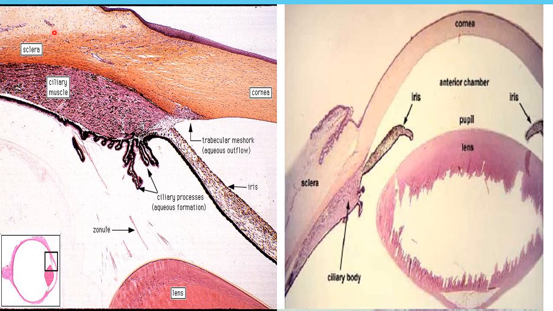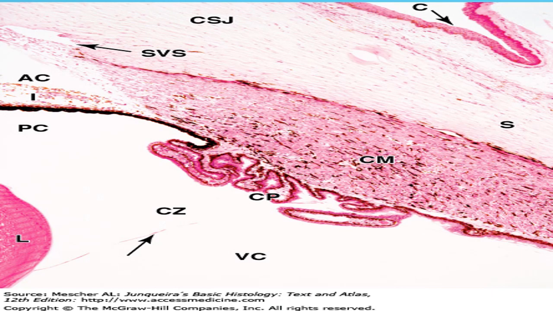In between the suprachoroidal lamina and the choroid layer is a space known as the perichoroidal space. So that is the histological structure of the sclera, you must remember.